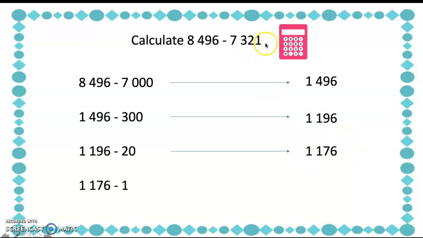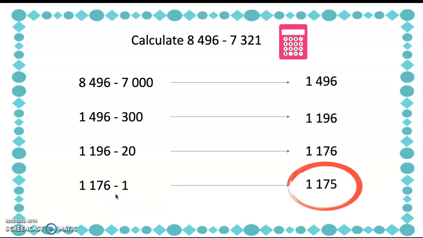And then the final one right here, subtracting 1, which will give you 1,175. That's your final answer. I hope you got it. I think you did. If you have any questions, go back to how I explained it. Rewind the video and you can see where you might have made a mistake.